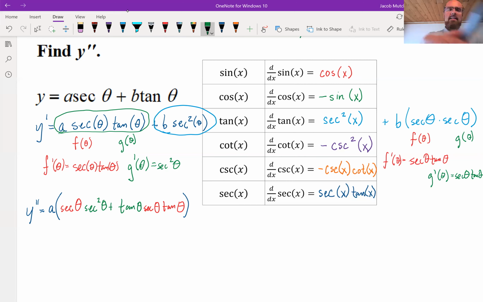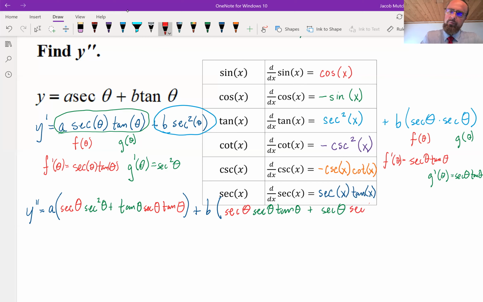So for my second term's differentiation, I'm going to write plus b. And then using the product rule pattern again, secant theta times the derivative of g, which is secant theta tangent theta, plus secant theta, which is the original small g, times the derivative of small f, which is secant theta tangent theta.